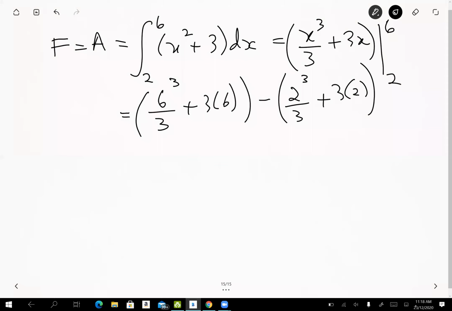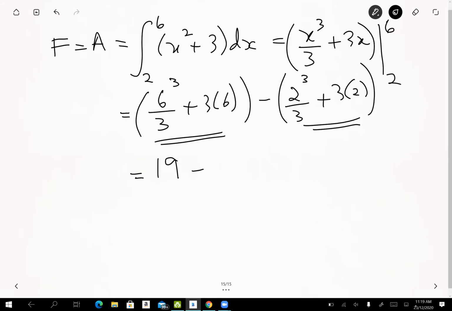So now you get, I don't think you can simplify anything. So just do it. Evaluate that thing. Take away. Okay. Who has a calculator? If you have a calculator, what do you get for 6 cubed over 3 plus 3 times 6? What do we get? 90. 90. Okay, 90. Take away.